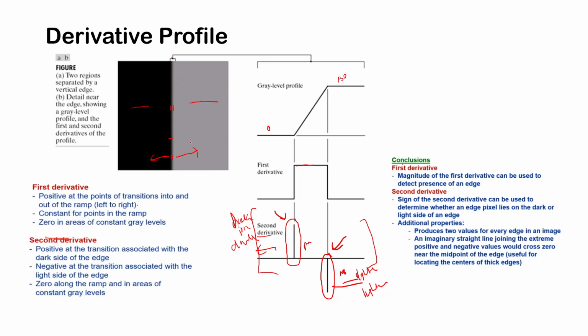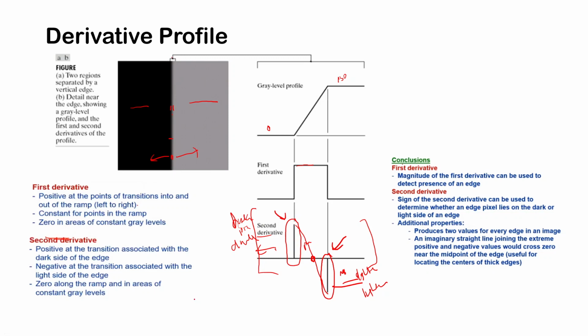So there will be two values, one here and one here. An imaginary straight line joining the extreme positive and negative values would cross 0. If you take this and make it a line, crossing here would be the center or the midpoint of the edge. So you can get a very centered point at the edge when you do the imaginary line. That is the second derivative.